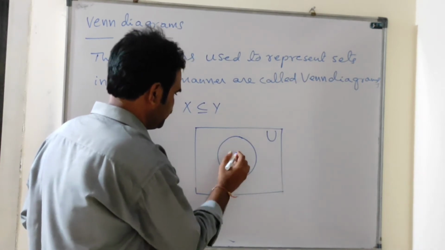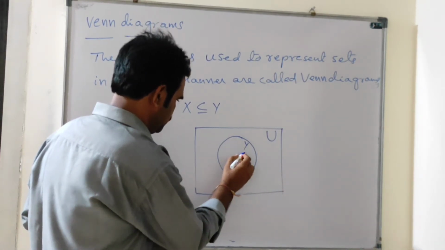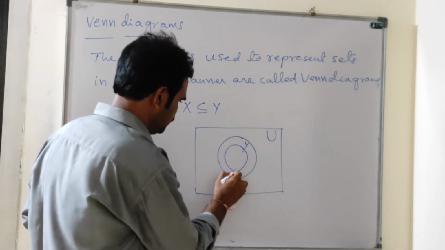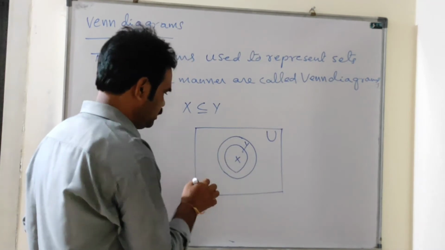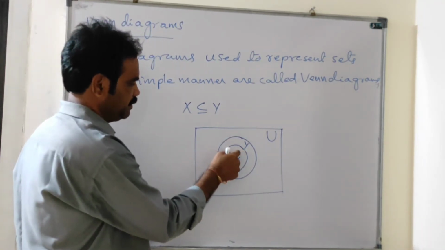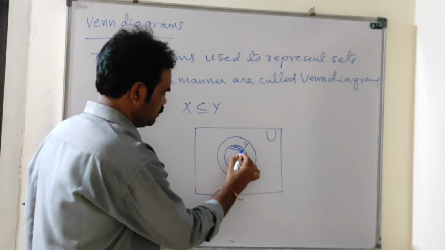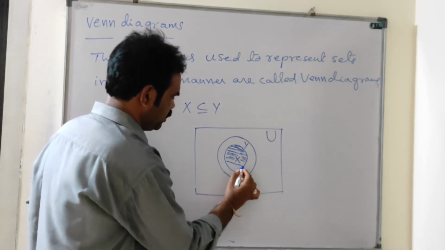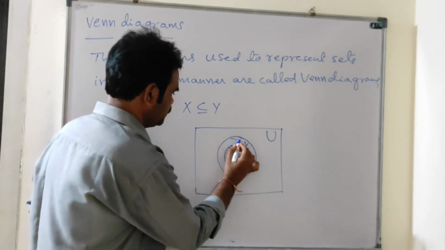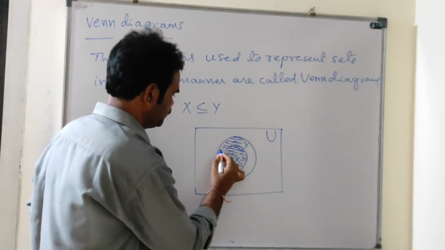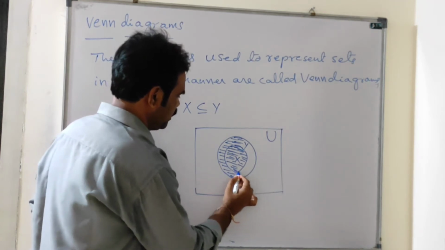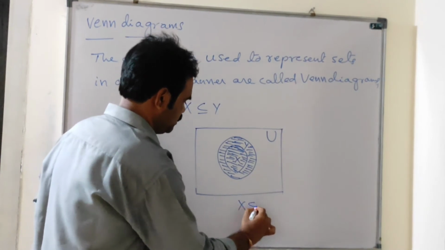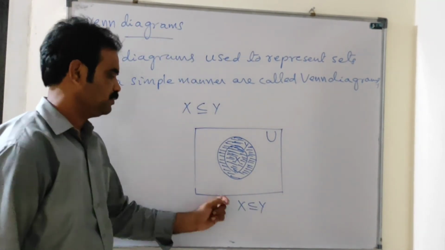This is the set Y, and this is the set X. Here X is included in Y, so X is a subset of Y.